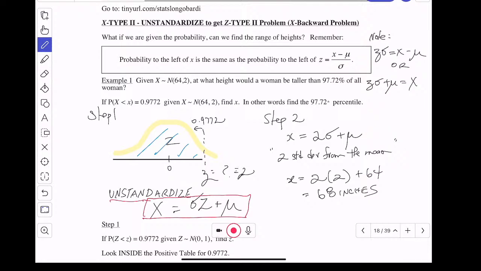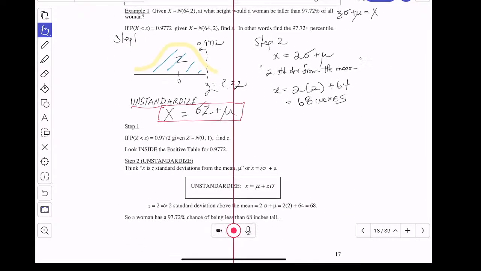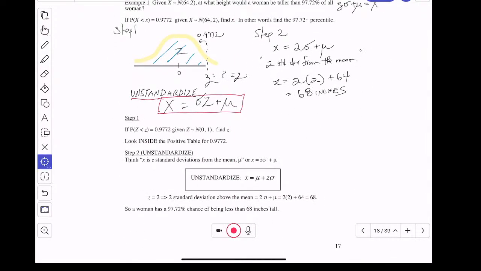All right, let's do the next one. So this was a matter of doing the backward problem for Z and then converting. So this is the new material.